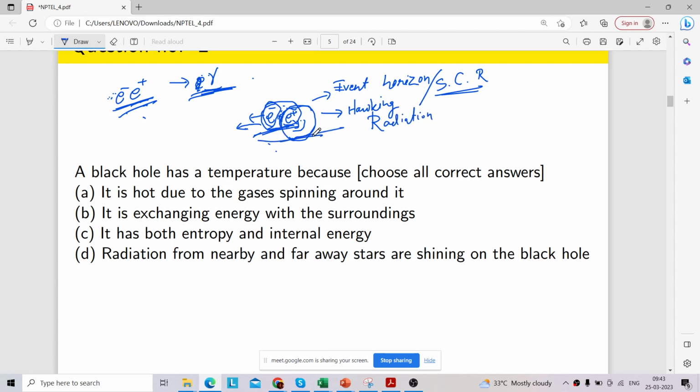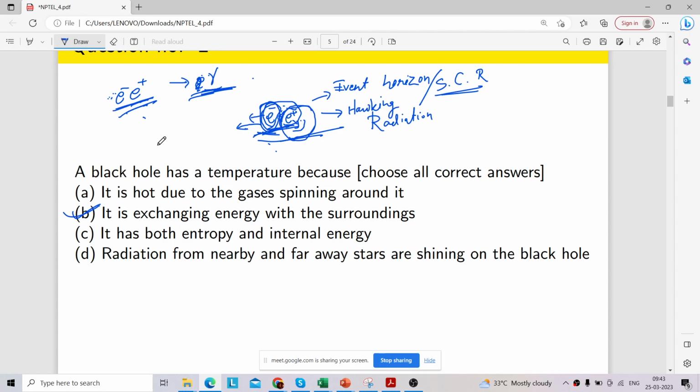So black holes do exchange energy through this. Means they are radiating some particle, and some energy is going with that particle. So black holes exchange energy with their surroundings.